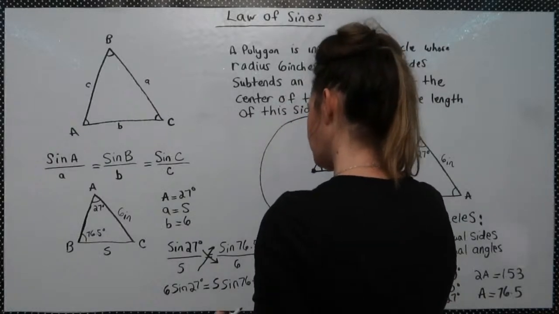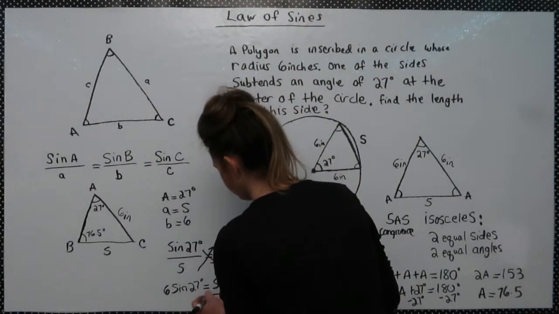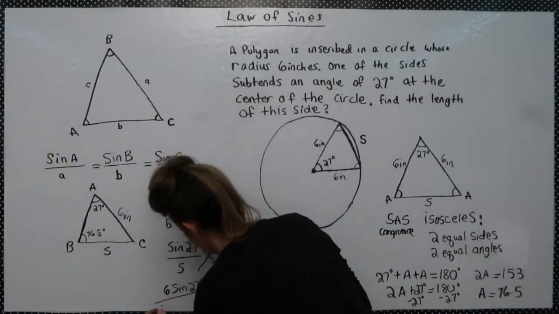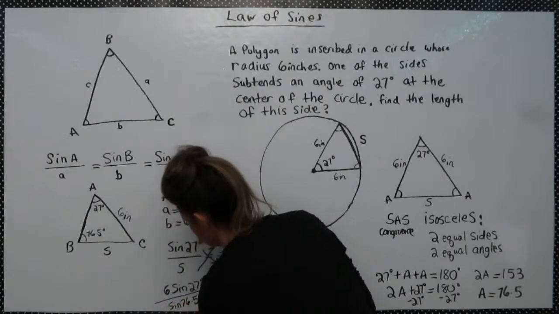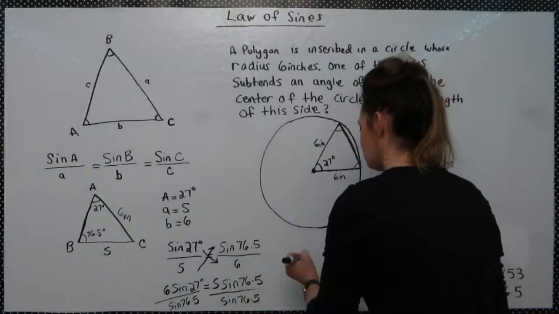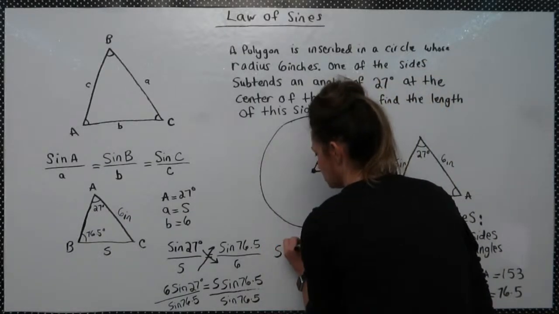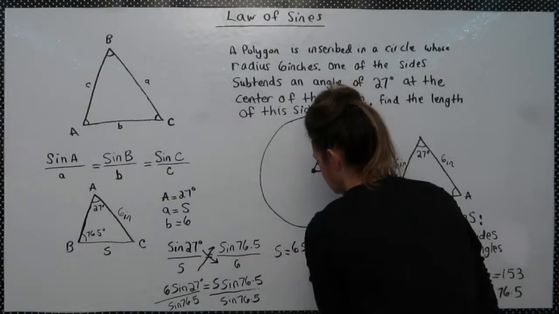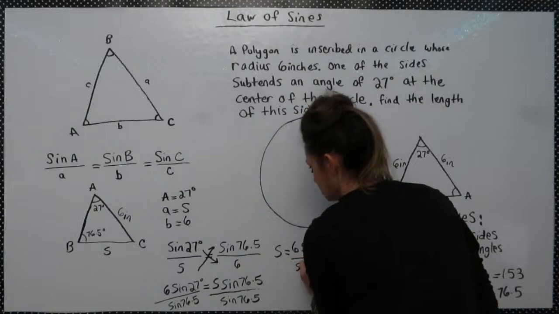And now all we have to do to solve for S is just divide off the sine 76.5. All right, so then we'll have S equal 6 sine 27 degrees divided by sine 76.5.